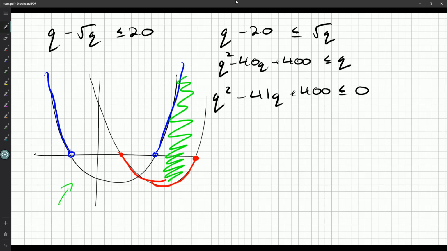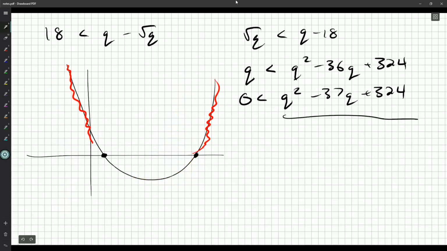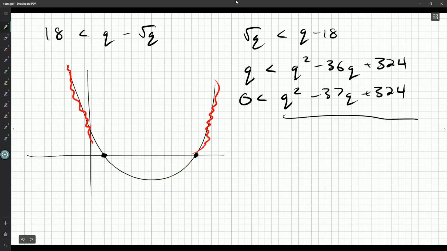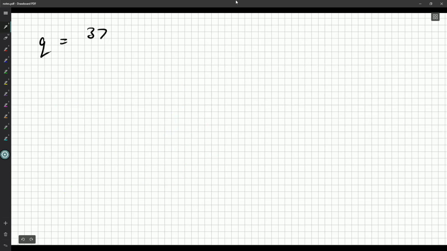So I guess find the roots of these polynomials. So neither of them looks particularly nice. I'm going to try using the quadratic formula then. I'm just going to jump straight for it. I don't suspect I'm going to be able to factor. Maybe I will, maybe I won't, but when in doubt, the quadratic formula always gives you a nice answer. It was 37, 324.